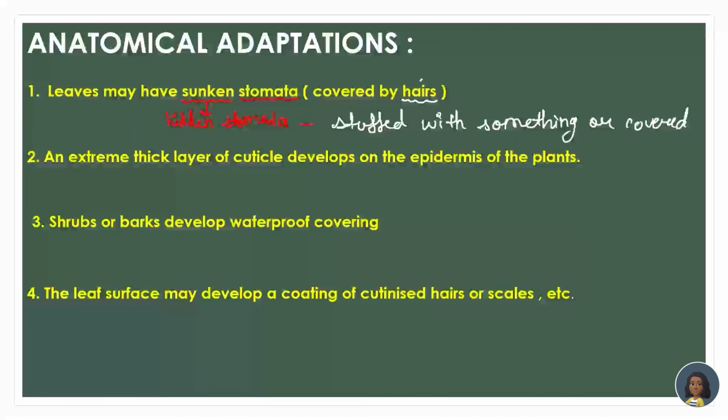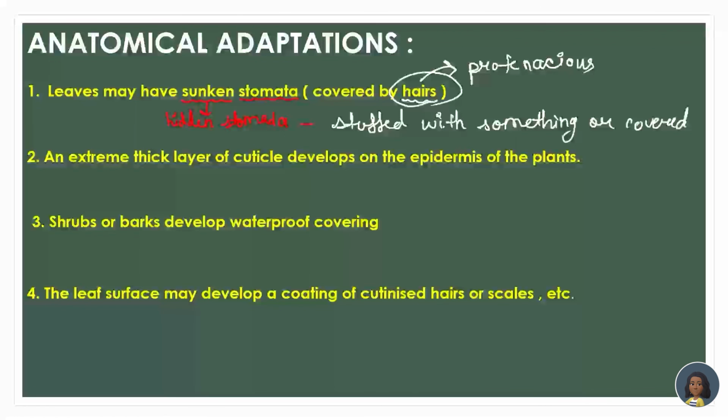Hairs means it must be some sort of proteinaceous filaments. See, you don't have to put much effort on this term right now, hairs. Just remember it. In the higher classes, when you will study this chapter, you will have all the doubts and queries cleared.